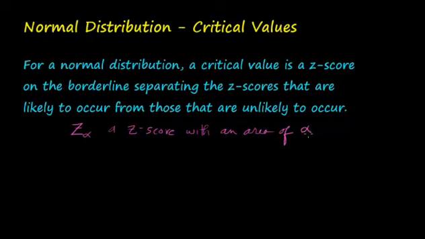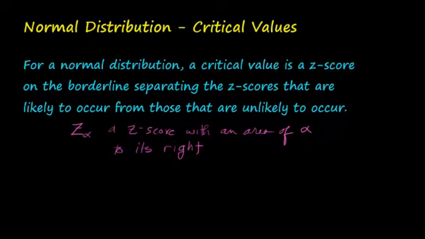Alpha just stands for the amount of area to its right. Okay, that's a little different than what we were doing with the inverse norm area to the left. So now we have to keep in mind this is area to the right. So whatever the z-score is, it has that amount of area to its right.